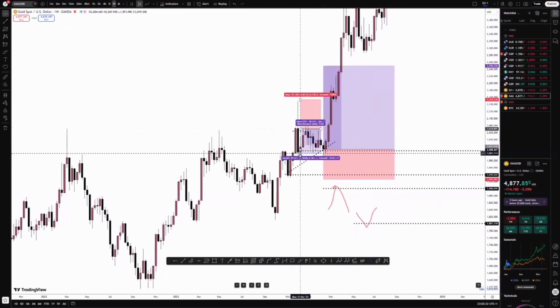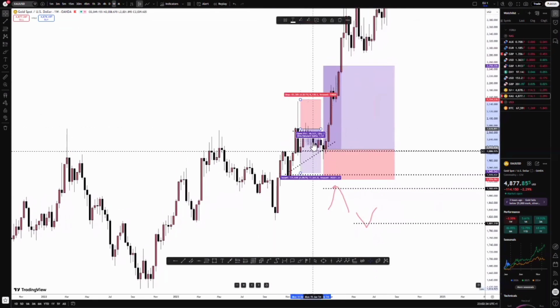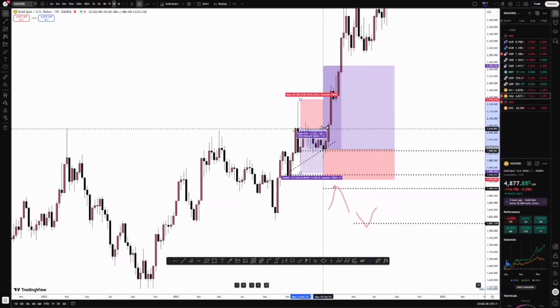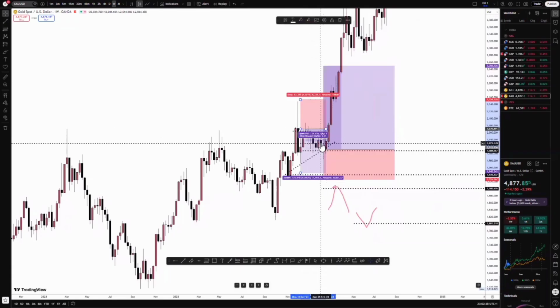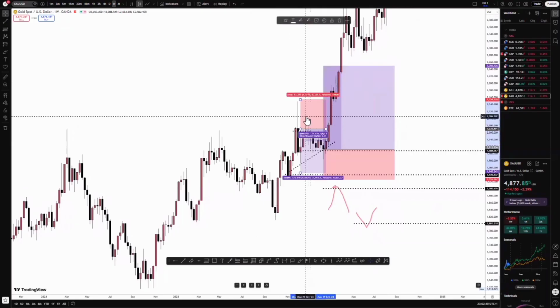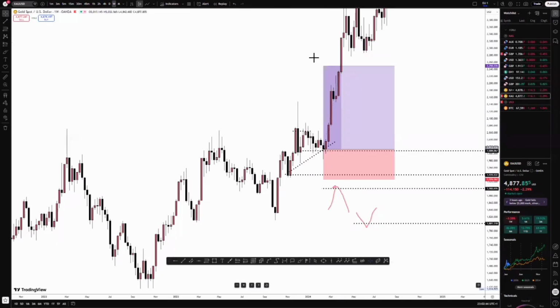Or we can target the second resistance, which price would have given us a 1-to-1 before giving us a breakeven. But this is all what support and resistance, the new support and resistance, Malaysian style support and resistance, can do.